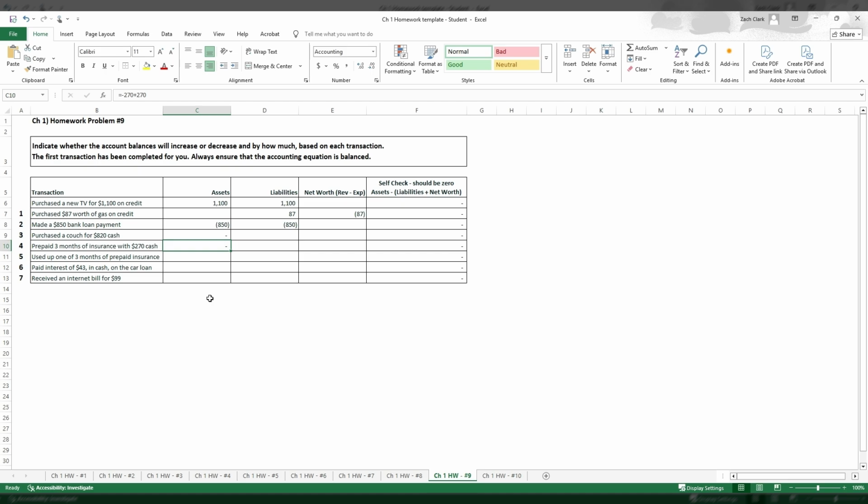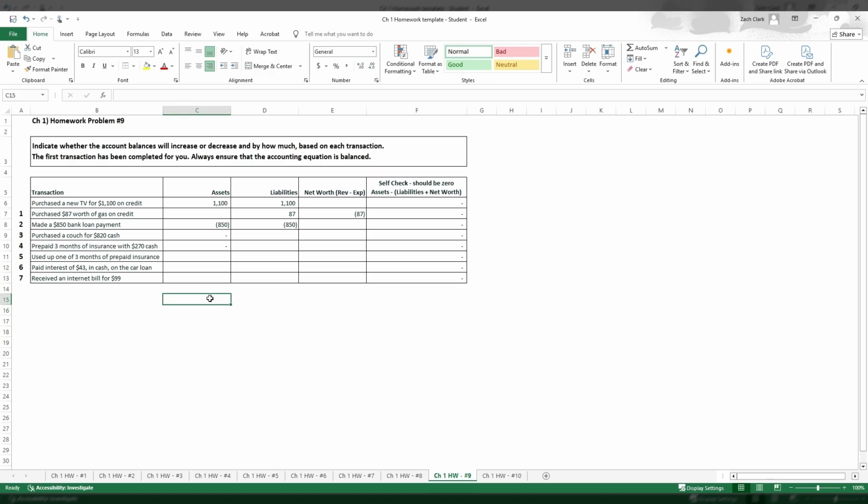And when we prepay something like insurance, that insurance is going to last us 3 months out. And so that is the idea where we will consider that an asset, because it has ongoing value to us. And it only becomes an expense after we use it up month by month.